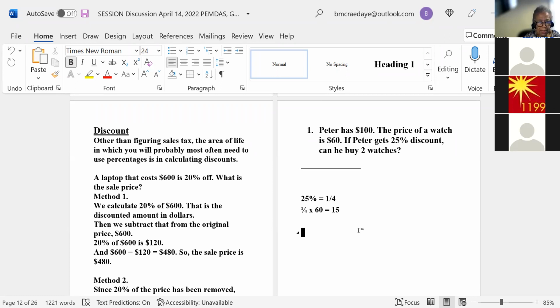Okay, now I said the price of a watch is 60. Peter gets a 25% discount. He has $100. Can he buy 2 watches? And I'm saying it's easier to make the 25% a fraction, 1/4. 1/4 times 60 is $15. That's the discount.